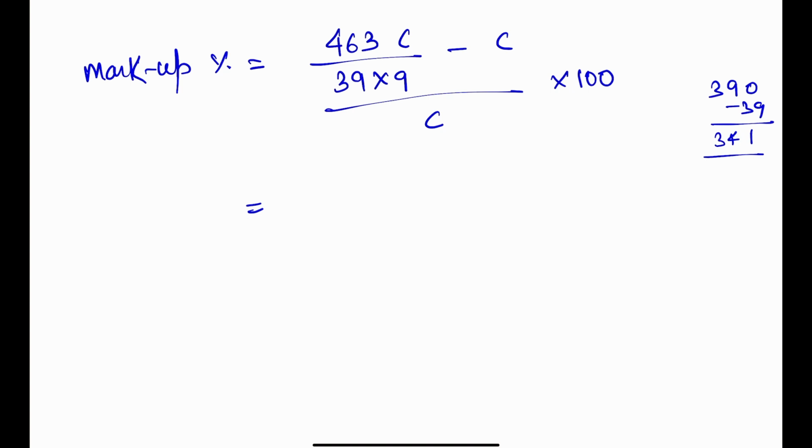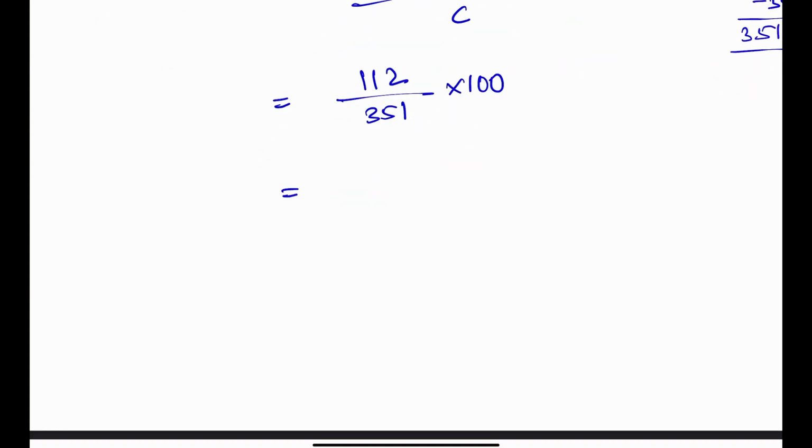Wait, 351, no? 351. So it will become 351 upon 351 minus 9, divided by 351 into 100, and if I have to remove 351, so 49, if I add, then it will be 400. So 49 plus 3 is 52, 52 plus 60 is 112.